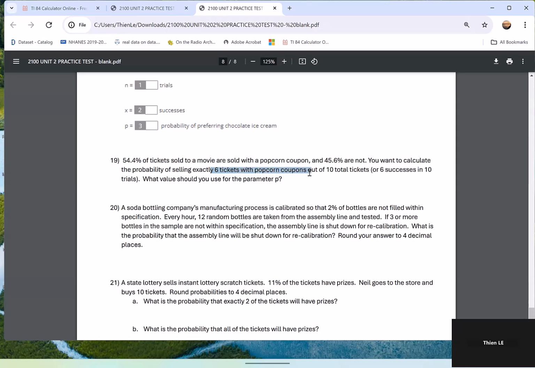So the success here is a ticket sale with a popcorn coupon, which is 54.4% of tickets. This is the parameter you want to use, because it is the success based on the event you care about: a ticket with a popcorn coupon. So the P will be 0.544 here, 54.4%.